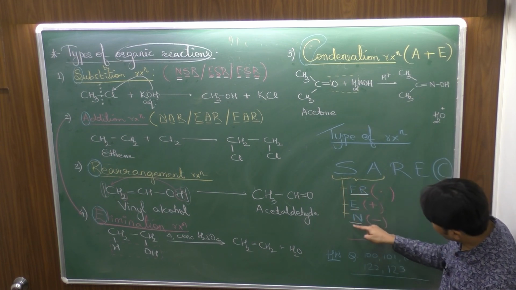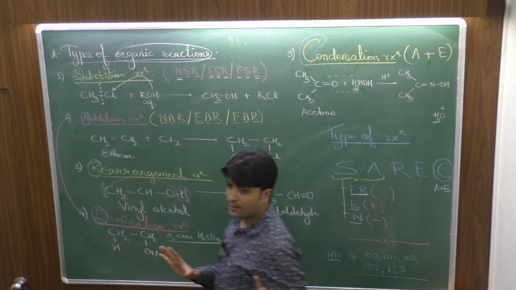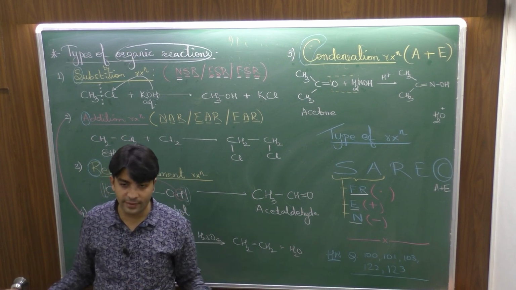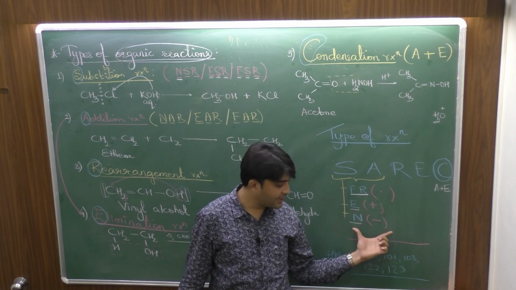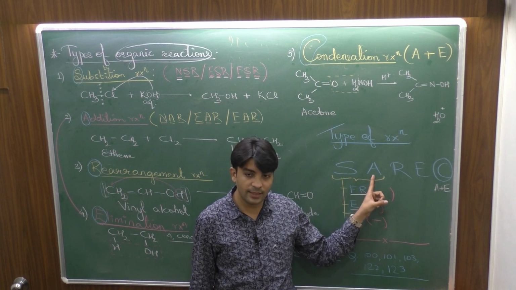So this can be remembered as FRIEND, meaning the type of organic reaction should always be remembered as SARE FRIENDS. SARE indicates the main type of the reaction and FRIENDS indicates the subtype of the reaction, only for substitution and addition.